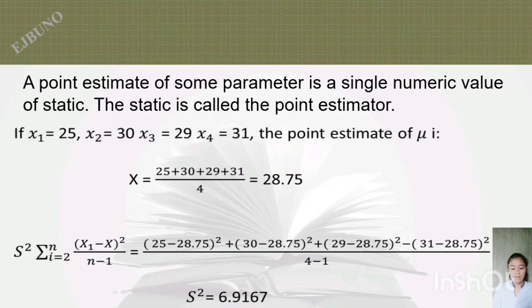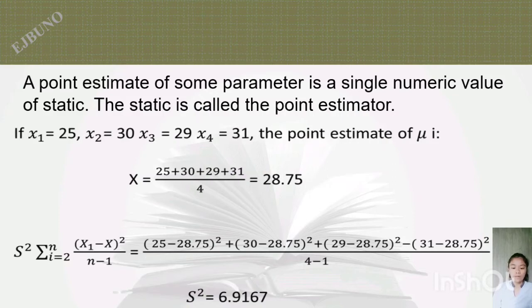Thus, if x sub 1 is equal to 25, x sub 2 is equal to 30, x sub 3 is equal to 29, x sub 4 is equal to 31, the point estimate of mu, the population mean, is the sample mean, equal to 25 plus 30 plus 29 plus 31 all over 4, which is equal to 28.75.